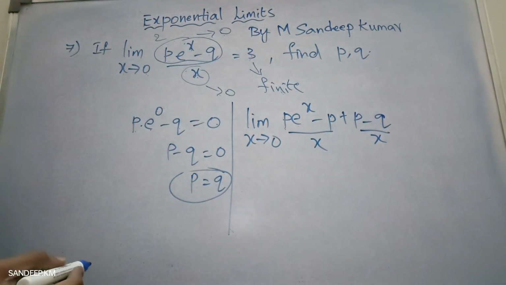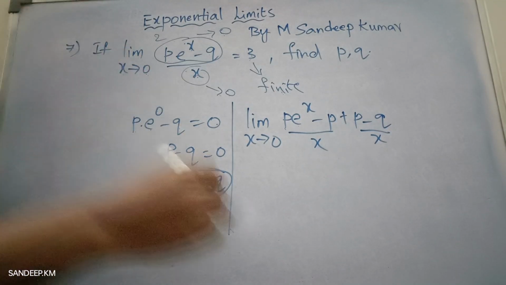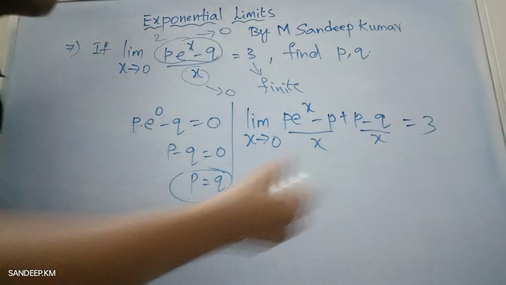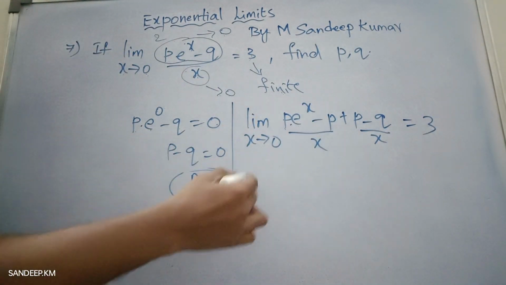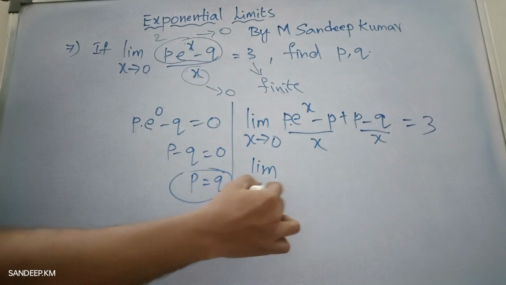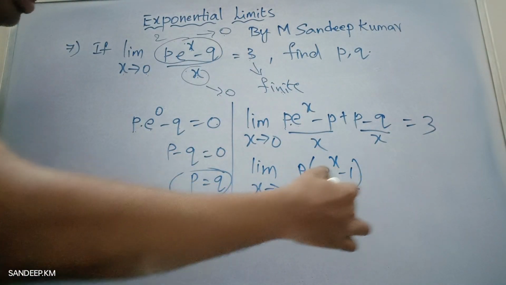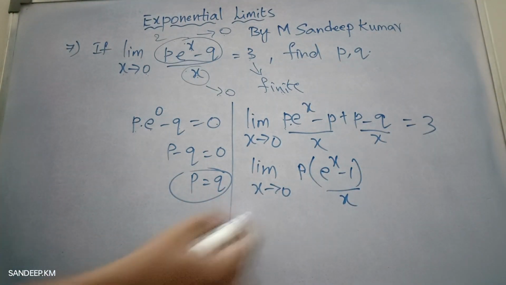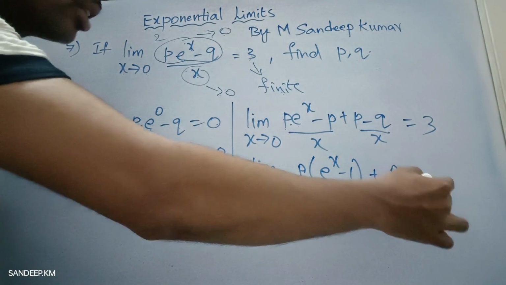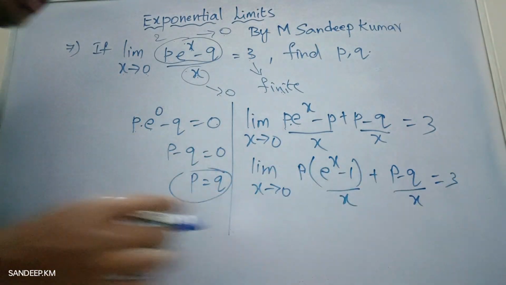So it is equal to 3. We can take p common, correct or not? Limit x approaches 0. If I take p common, it becomes e power x minus 1 divided by x plus p minus q by x equal to 3.